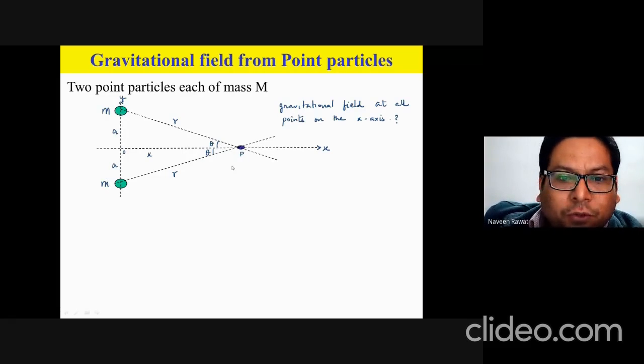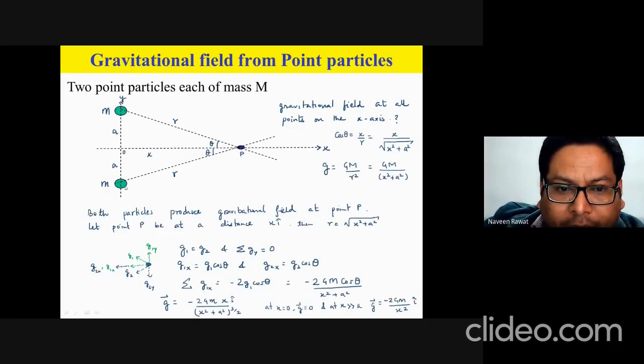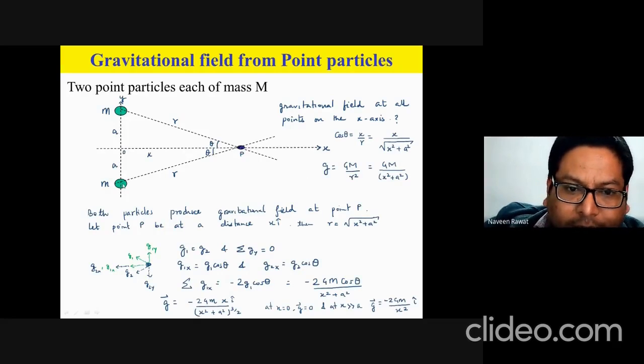All right, so let's calculate for the first case. How will it look? If you look at these particles here, these are source particles. They are creating a certain gravitational field at this point P. We know gravitational field is an attractive field. If you decompose the vector, this G, which is given by G m by r squared, this is the formula we have to use.